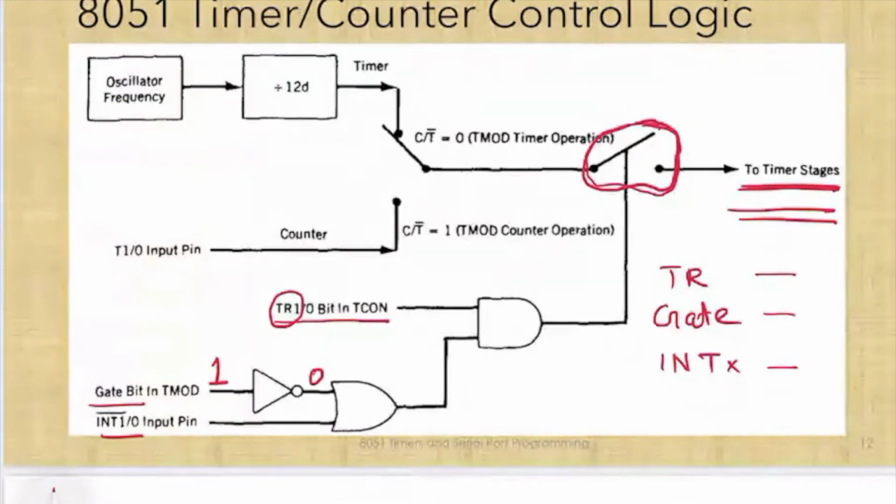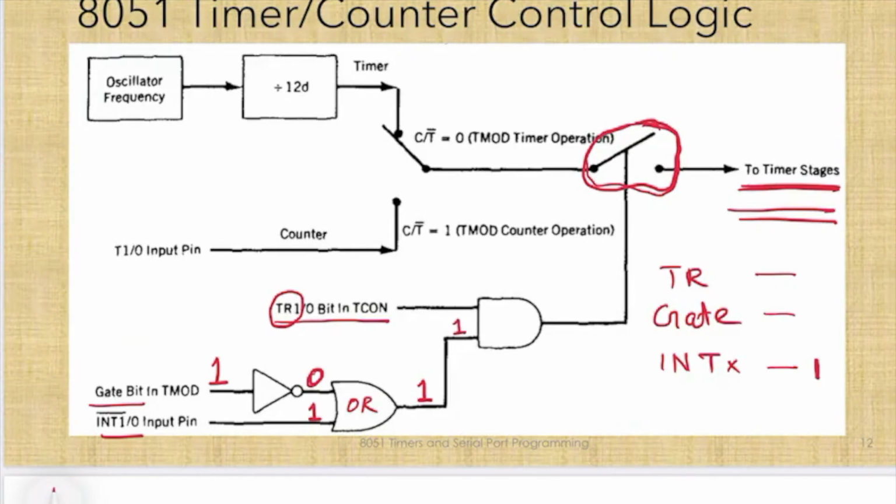And this is an OR gate, right? Since this output is 0, you know very well that this output will be 1 provided INT0 is 1. So that means for this output to be 1, your INT0 must be 1. Correct? And now this is 1.